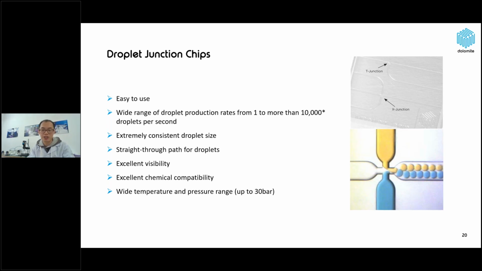The Droplet Junction chip offers very excellent chemical resistance, which allows a broad range of solvents and chemicals to be used. And the chip features two separate droplet junctions. As you can see here, it's the T junction and the X junction. So it helps customers have flexibility in the application with different kinds of geometry, combined in one chip.